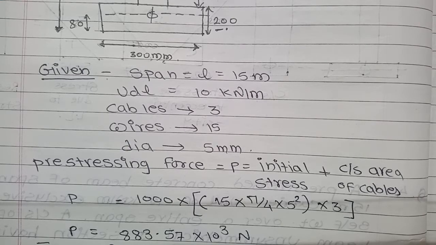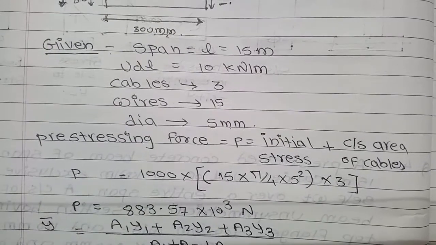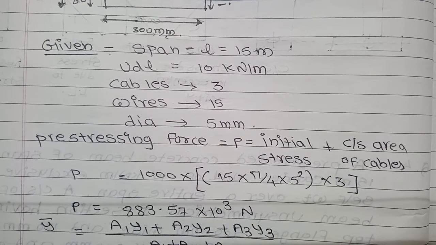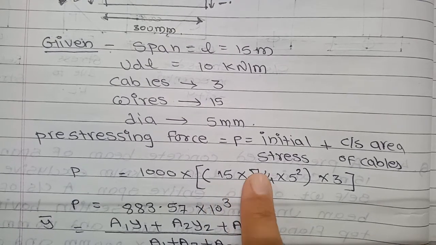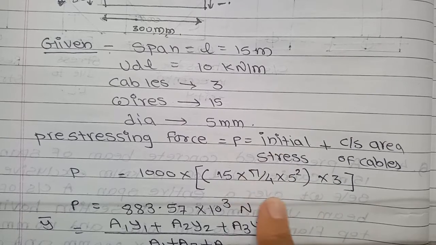P equals, this is the formula to calculate prestressing force, P equals initial stress times the cross sectional area of the cable. There are 3 cables provided, 15 wires and each of diameter 5 mm. First, 15 wires into pi by 4 into d square is the area of each wire.